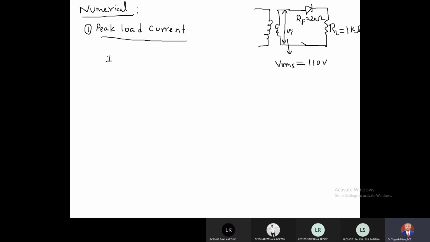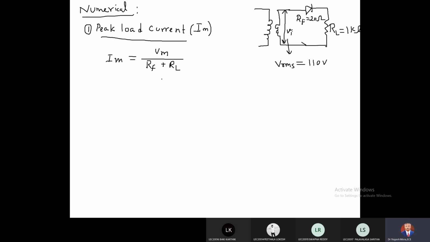Means we want to calculate IM. So IM you can calculate by VM divided by RF plus RL. Right? Both of these resistances will come in the picture. So you can calculate that.